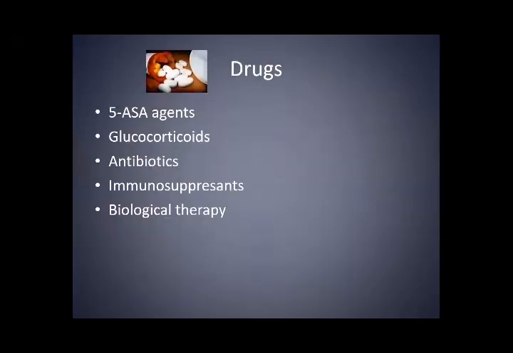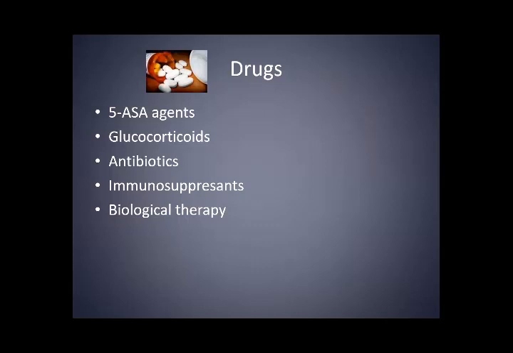Drugs used in inflammatory bowel disease, especially in ulcerative colitis, include 5-aminosalicylates. These are anti-inflammatory agents, such as sulfasalazine, mesalazine, or salazine. Then there are immune modulating drugs like steroids and immunosuppressants.